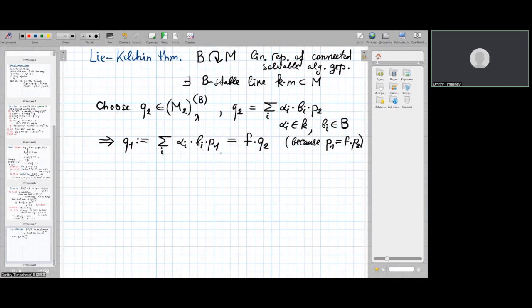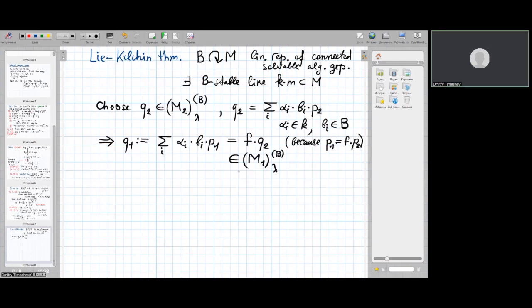So Q1 is f times Q2, and since Q2 is an eigenvector for B with eigenweight lambda, and f is B-invariant, then Q1 is also an eigenvector for B, now sitting in M1, but with the same eigenweight. So what did we get?